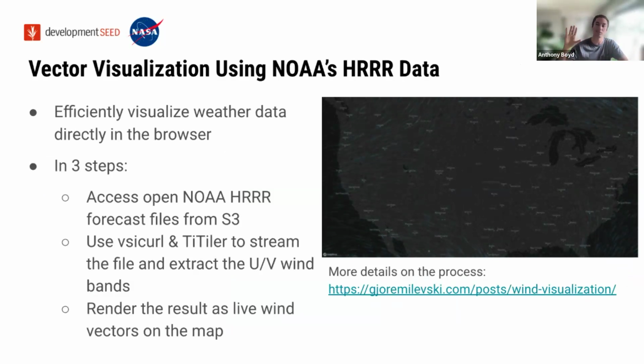As long as you know the layer, which is its own challenge, as long as you know the layer from NOAA's HRRR data or ECMWF data, or any of these large weather data sets, you can follow a similar process and get these sort of vector visualizations into your tool.